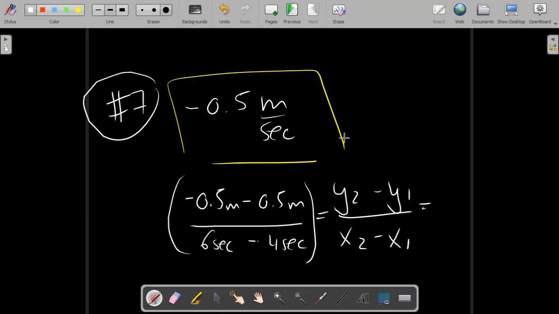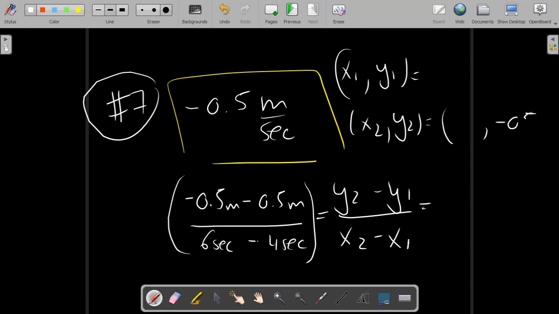So this is your y. Let me put them right here: your x1 and y1, and then your x2 and y2. In your graph, the points that they use, this is your y2, which is minus 0.5. And this is your y1, and remember, minus y1 is positive, so 0.5.